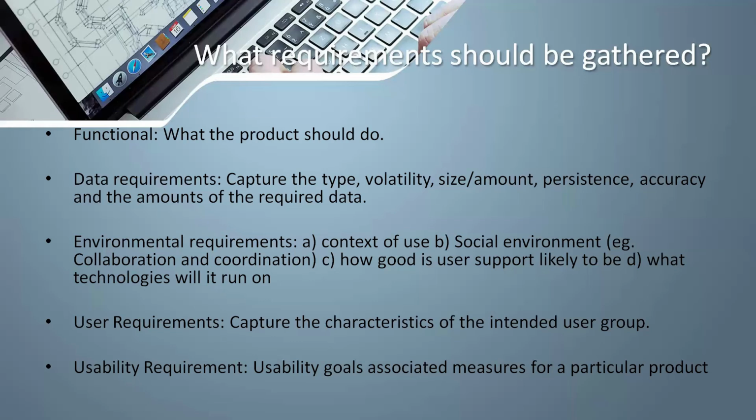Or if you're talking about a manufacturing plant, maybe your workers may not be well educated, right? So your user requirements will change depending upon the nature of the user, right? Intended user group. What kind of group is that? Are they tech savvy people? Are they scientists? Are they not well educated people? So you have to keep the user in mind.